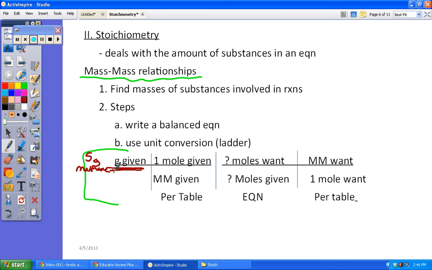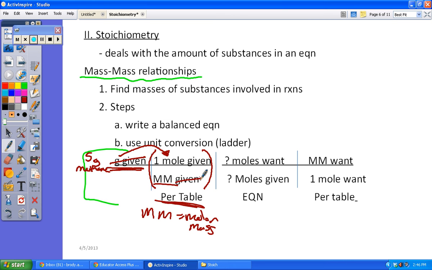The first conversion bubble you set up converts from grams to moles, and what we use is MM, being the molar mass that you get from the periodic table. Then we can cross out grams given here.